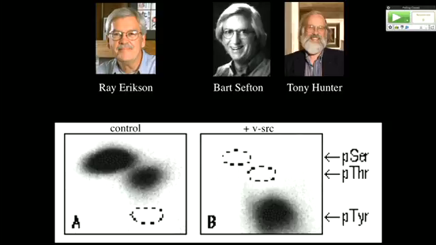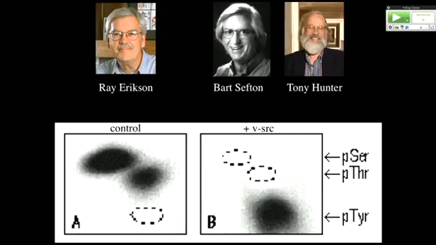Yeah. Okay, so we're getting very close. So he's saying something about viral Src is causing tyrosine to become a major amino acid phosphorylated in these cells. Yeah.